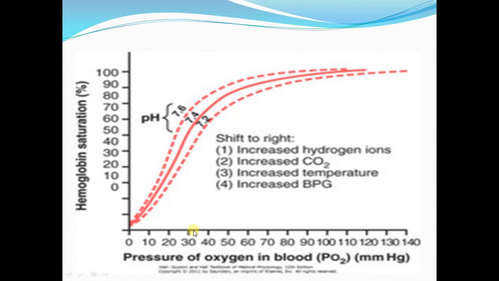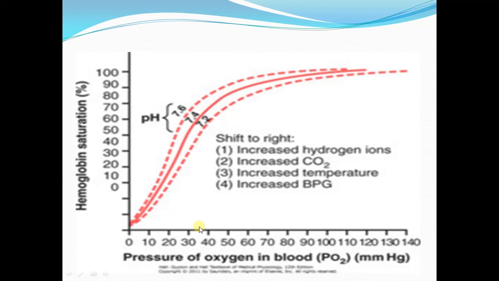We can also see this in this graph. This is the rightward shift of the curve, shifted to the right side. In this we can see the P50 value. This is the 50% saturation of hemoglobin. So we will trace it like this, and we can see here it is approximately around 35 millimeter of mercury.